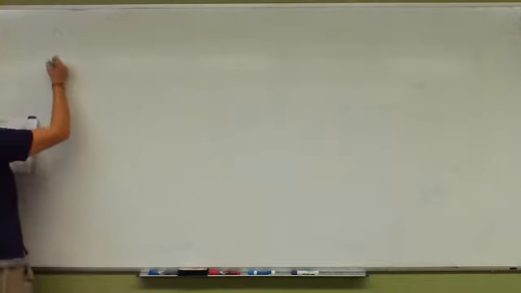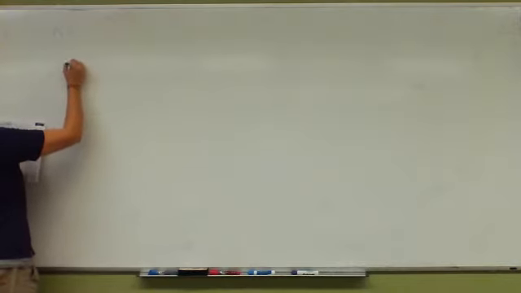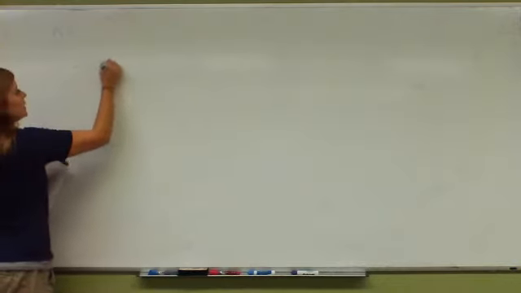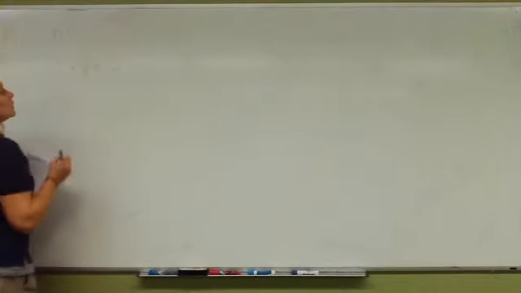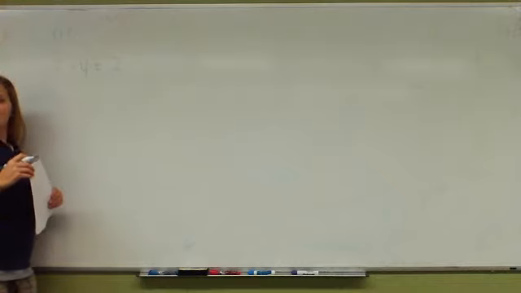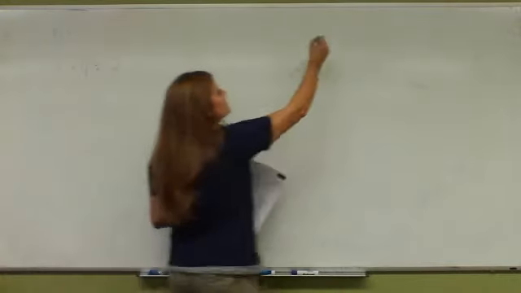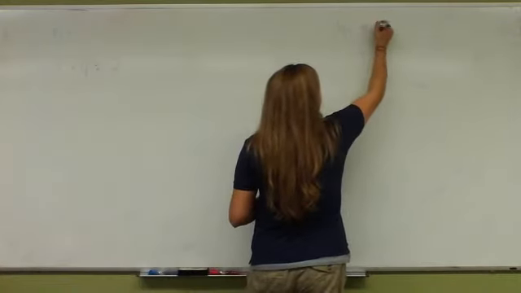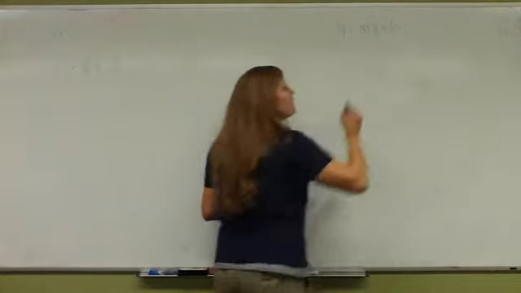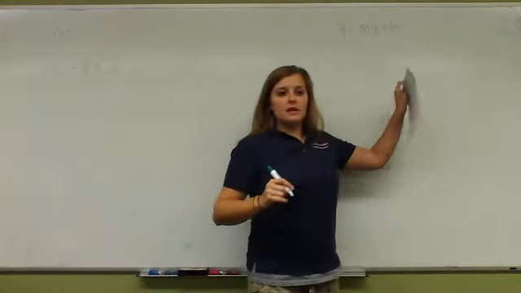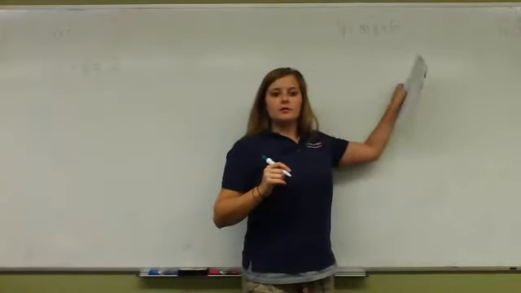So I've got sketch the graph of each line. Let's hope one of these markers works. So my first one, x plus y equals 2. I want to put this in the form of y equals mx plus b. Who knows what this form's called?